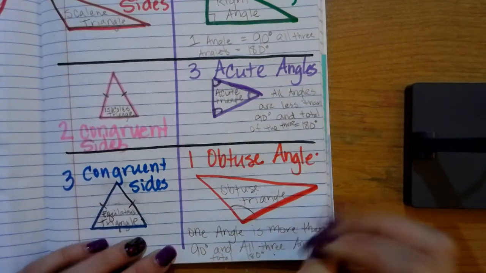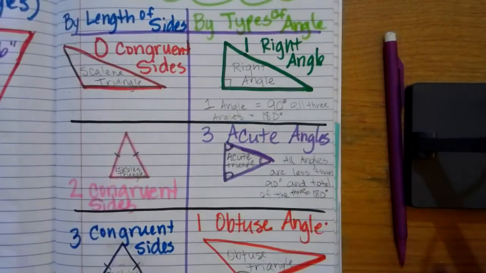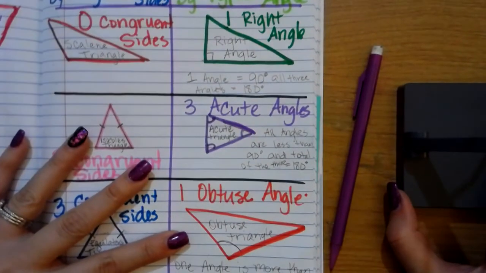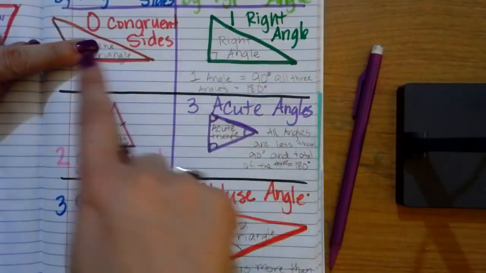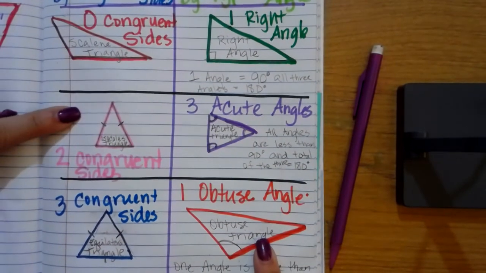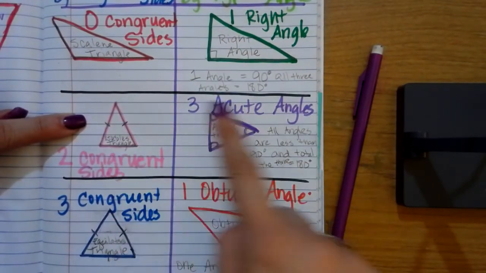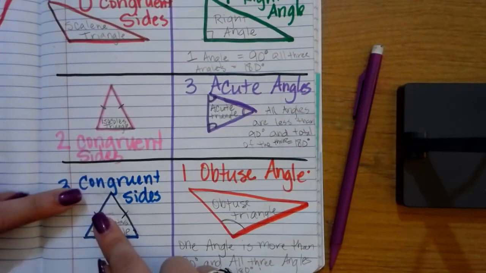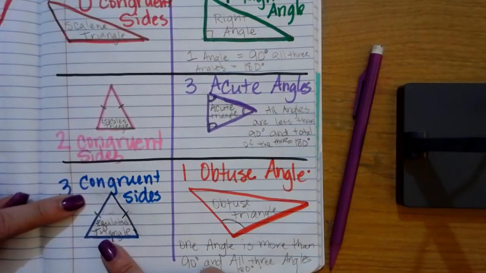180 degrees. Okay, so here is the thing about being a triangle. You are either a scalene right, a scalene acute, a scalene obtuse, or you are an isosceles right, isosceles acute, isosceles obtuse, or an equilateral, equilateral what?